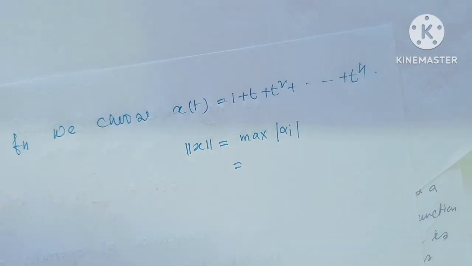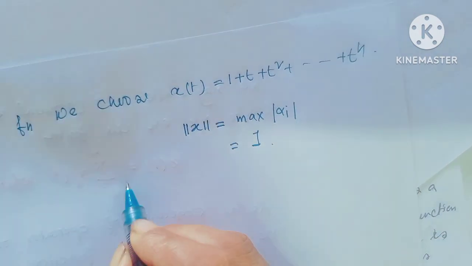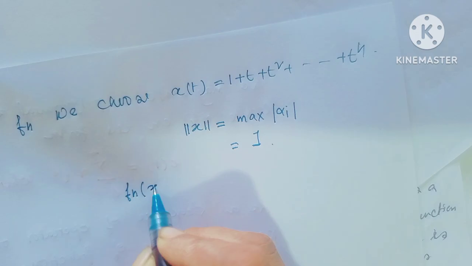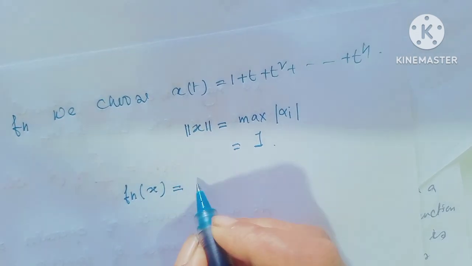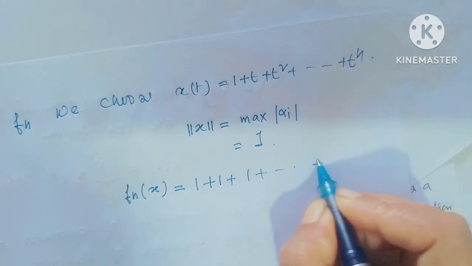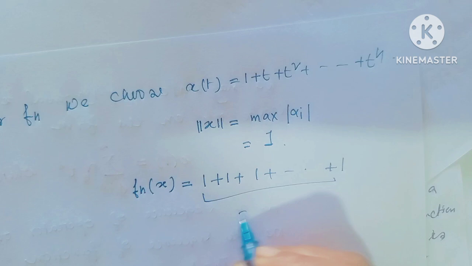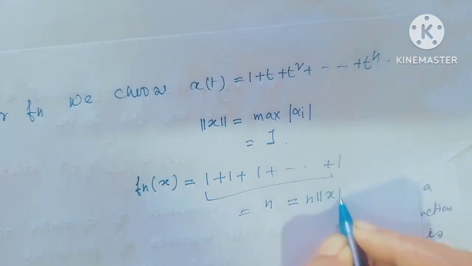For this, we choose x(t) equal to 1 plus t square up to t to the power n, and norm x equal to max alpha i, which is equal to 1, and Fn x equal to 1 plus 1 up to 1, n times, that means this is n, which is equal to n norm of x.